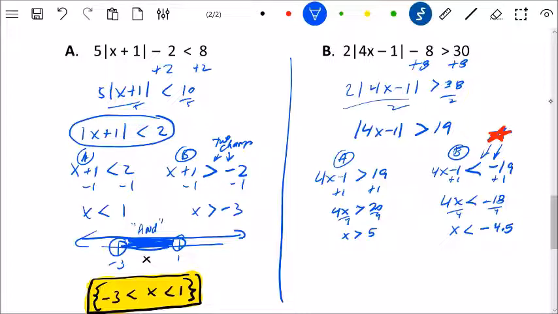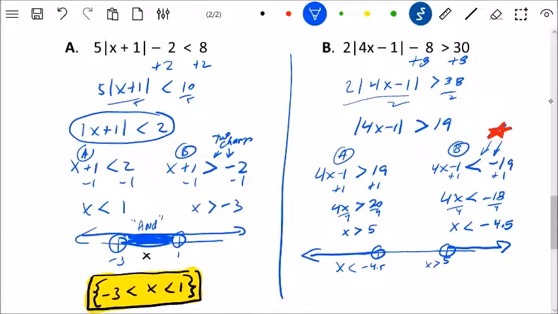So now let's look at it on a number line. 5 is in the positives, negative 4.5 is in the negatives. This one's saying greater than 5, not equal to. Notice it's not equal to, so that means we have to put it without the filled in dots. So x is less than negative 4.5, and here we'll say that x is greater than 5.